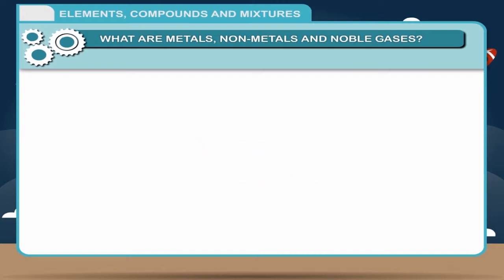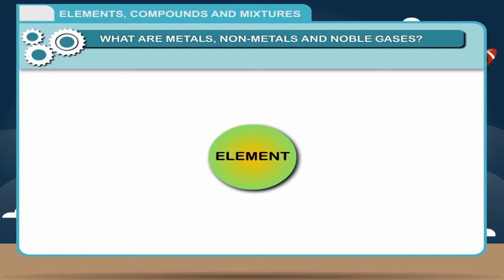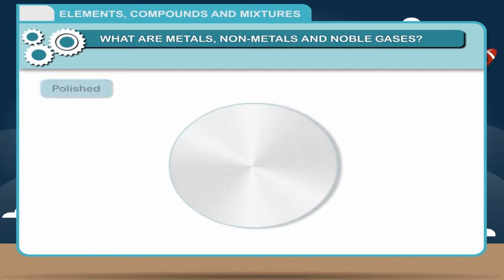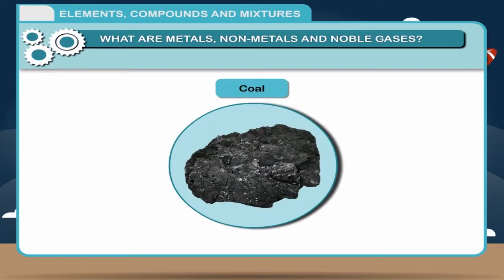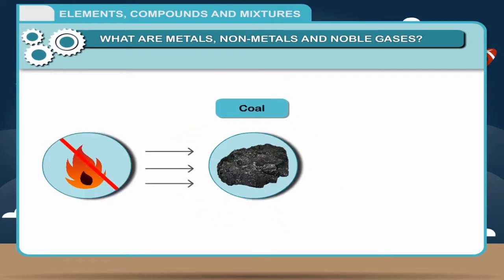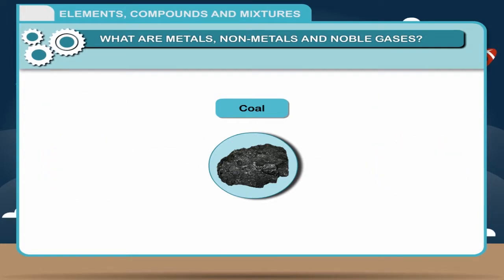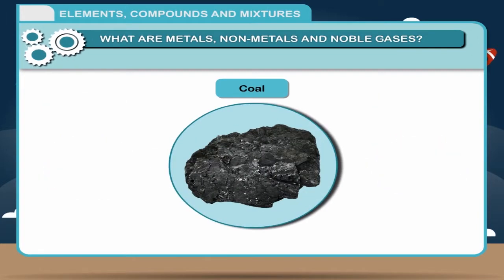Non-metals. An element can be called a non-metal if: 1. It has no luster and cannot be polished. Example: coal. 2. It is a bad conductor of heat and electricity. 3.